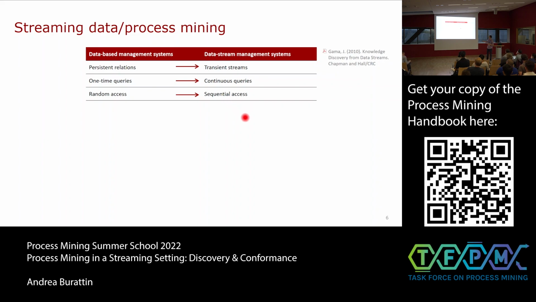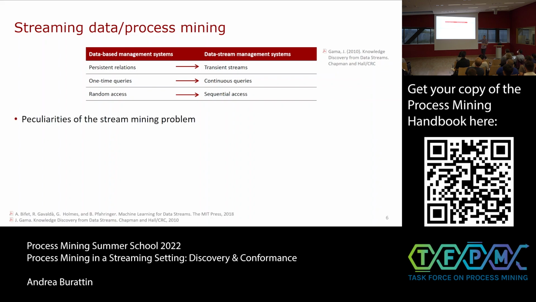And that calls for a completely different querying mechanism, meaning that you cannot do a query like, give me all the events that started my process instances, but you need to continuously query the stream. You need to set up a query which keeps listening on the stream for all the initial activities of all process instances that will come. So it's a completely different sort of paradigm.